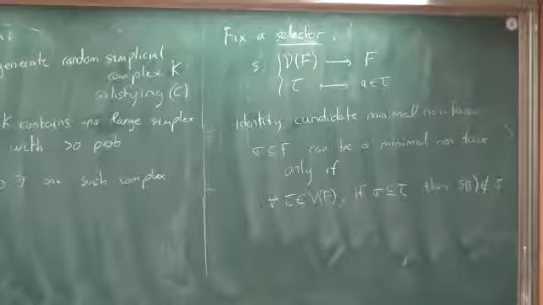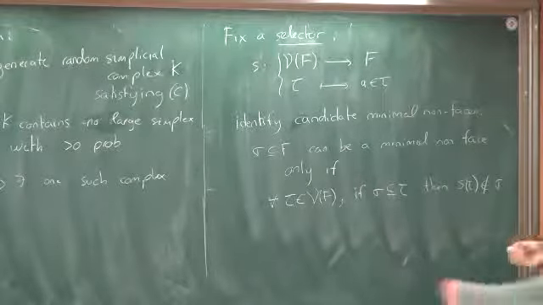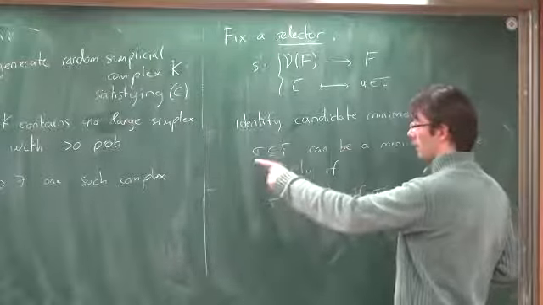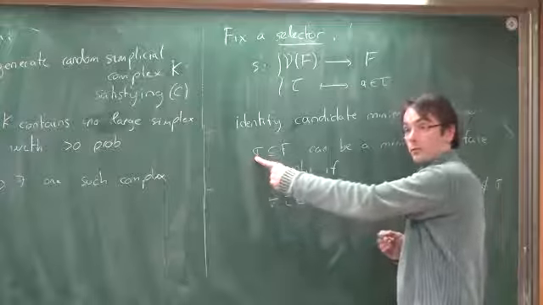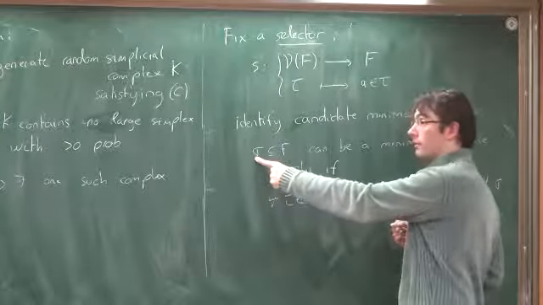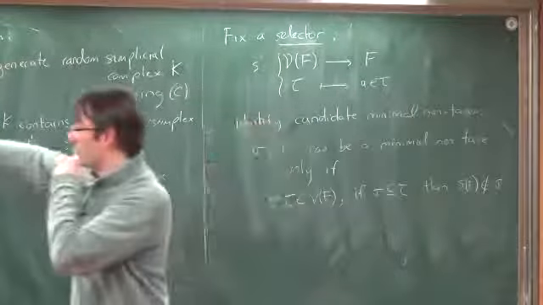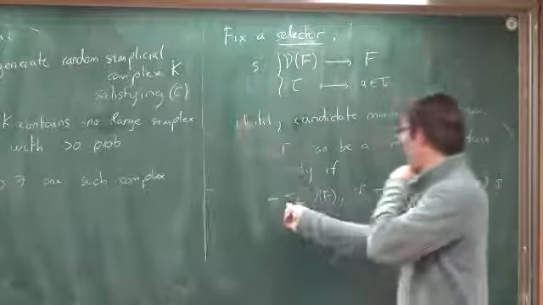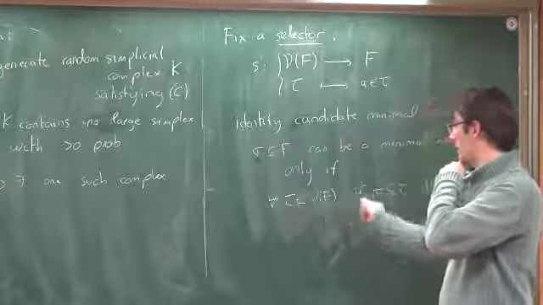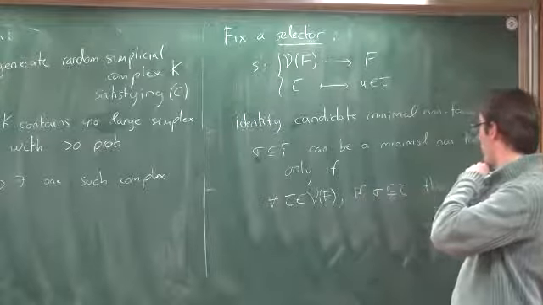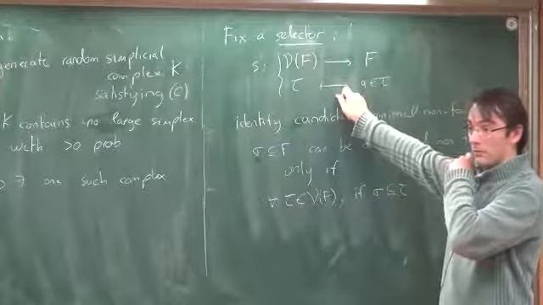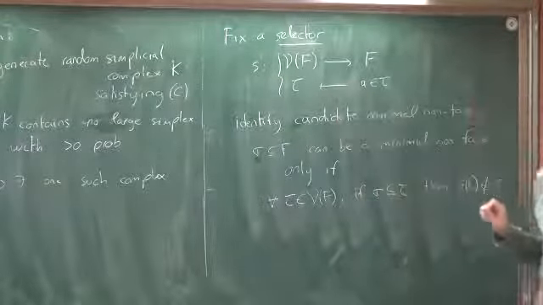So I only allow sigma to be a minimal non-face if this condition is true: for any tau in the Venn diagram that contains sigma, I should not cover the vertex selected for tau by this sigma.